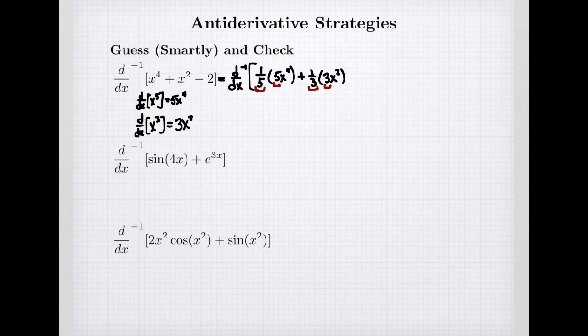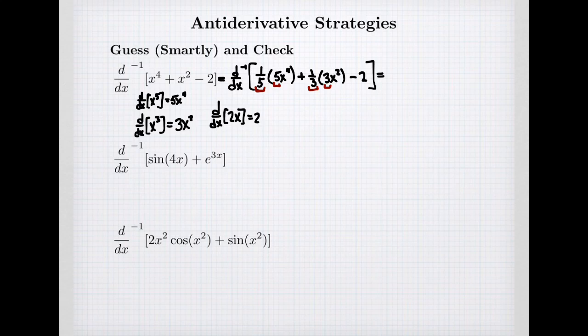Finally, I have the 2. Well, where did the 2 come from? I should be able to recognize that minus 2, I know that. If I took a derivative of 2x, I would get that number 2. And so I'm all good to go.